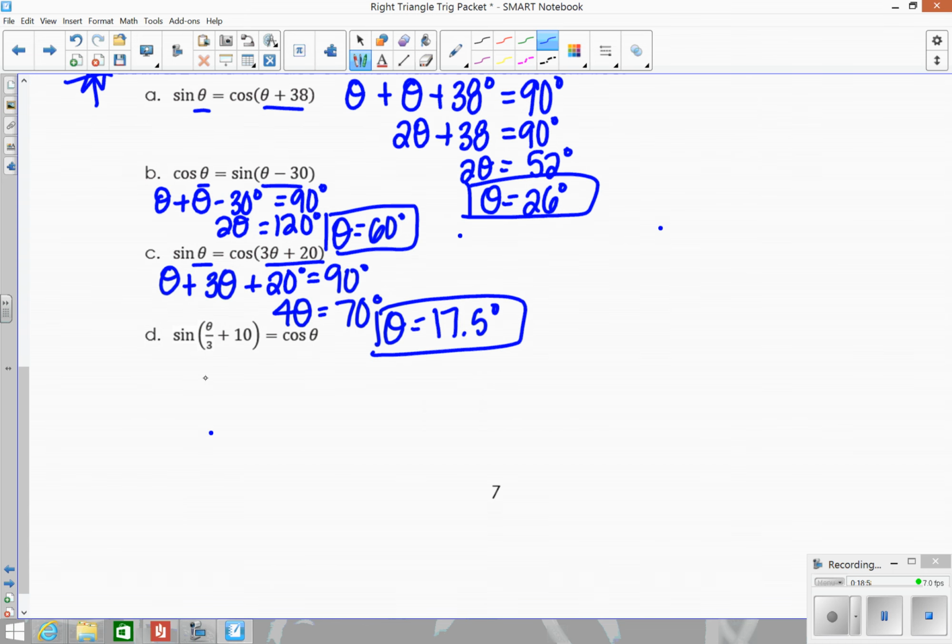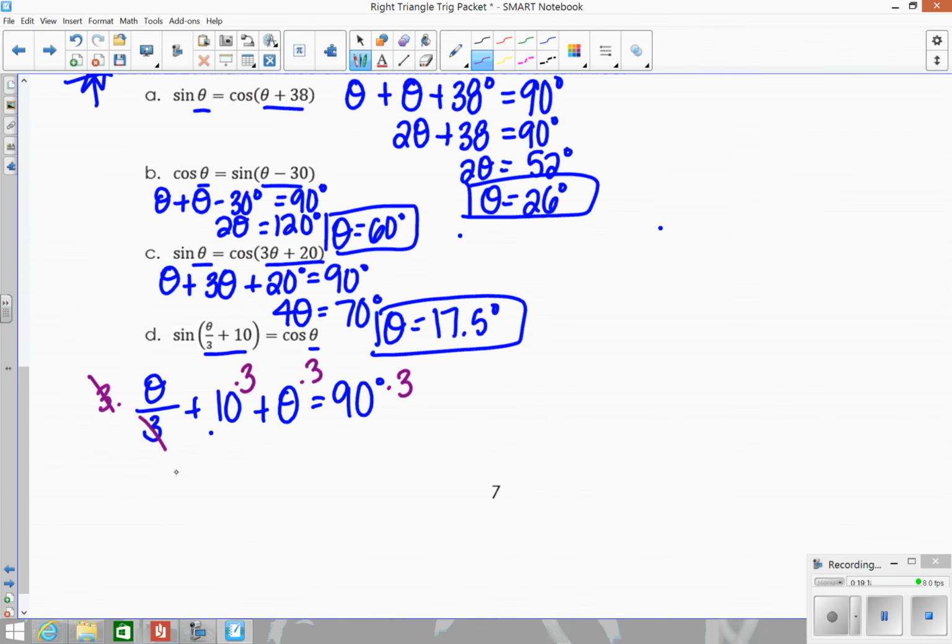And then this last one here, so again, add them up, theta over 3 plus 10 plus theta equals 90. Since you have a fraction, I would get rid of the denominator. You can get rid of the denominator by multiplying every part by 3. That's probably the easiest way to do that.